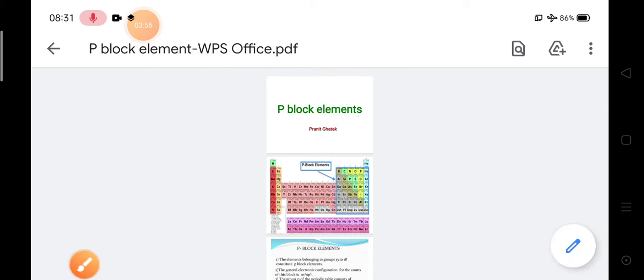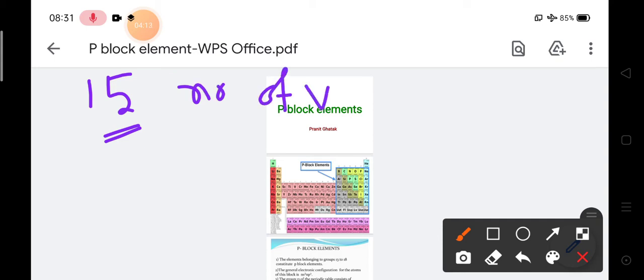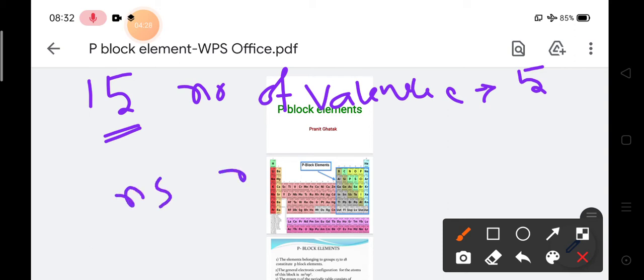Let me repeat with another example, like if we take group number 15. Look for the last digit. The last digit is 5 in 15. So the number of valence electrons will be 5, right? And as you know, group number 15 is also a part of the P block elements. So the electronic configuration will be ns and np.